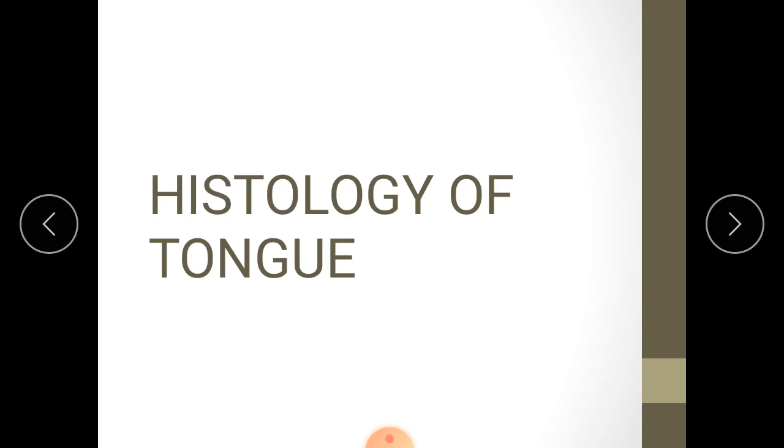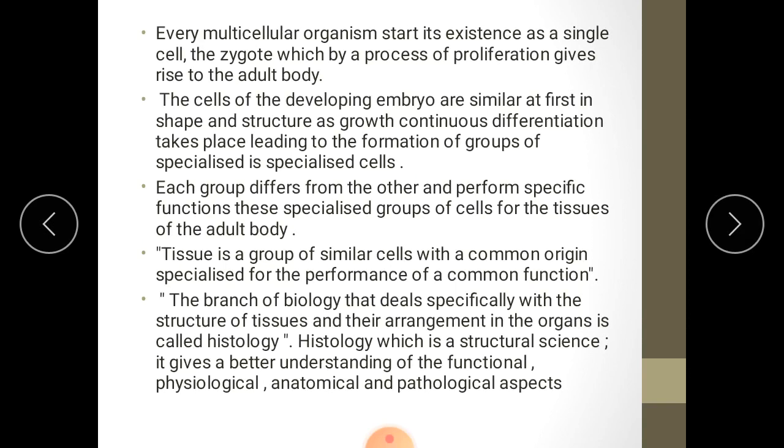So tongue is an organ. This organ is made up of the involvement of different tissues. So how the different tissues have been involved in organizing this tongue organ, that we have to study. So let us start the histology of tongue.